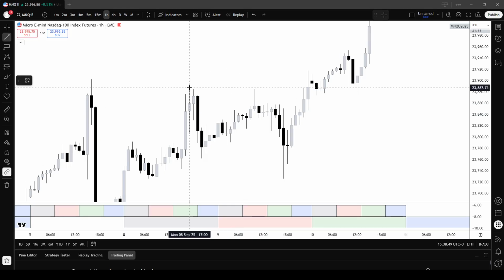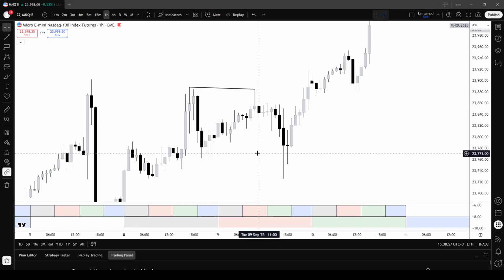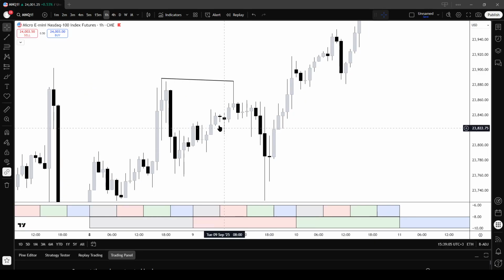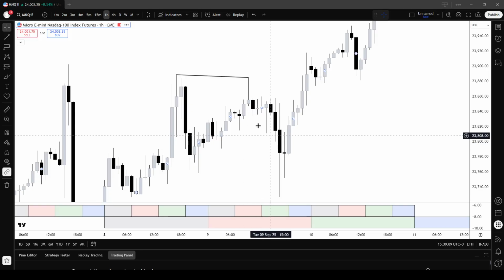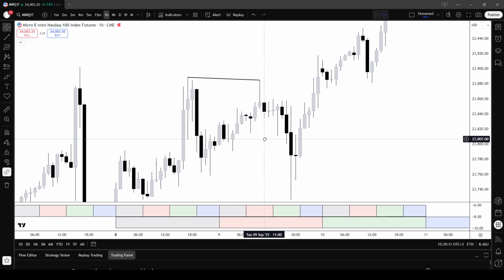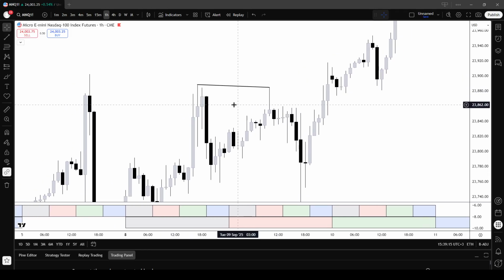As you can see, from Monday to Tuesday we failed to take a high, but on ES it took out, so that makes it an SMT. So that was, I think, my main confluence to be bearish for Tuesday. First I look into this and see, okay, we are bearish.